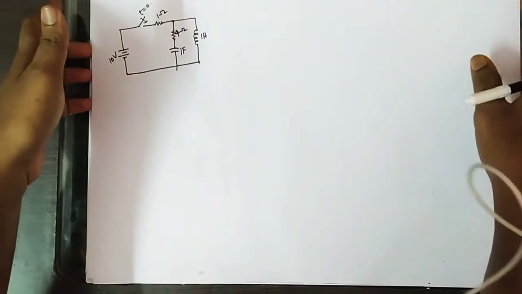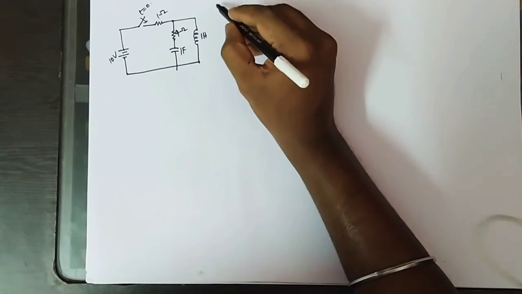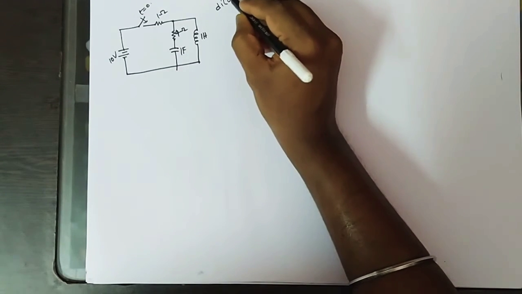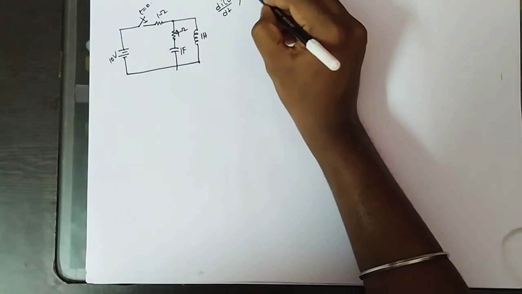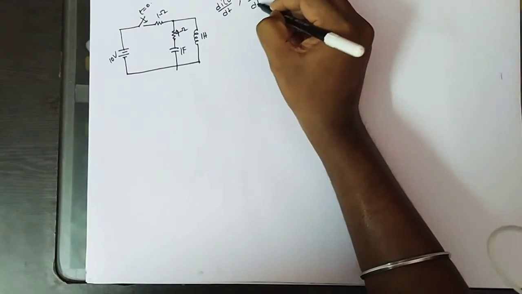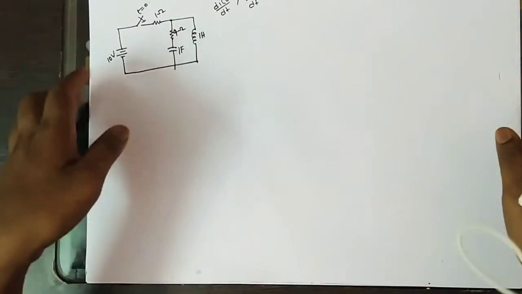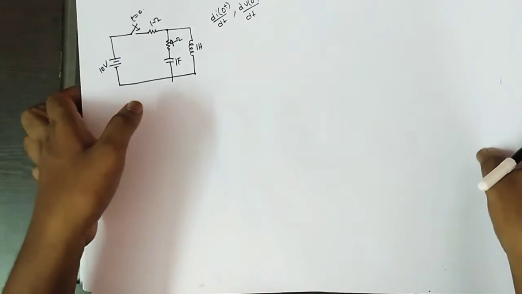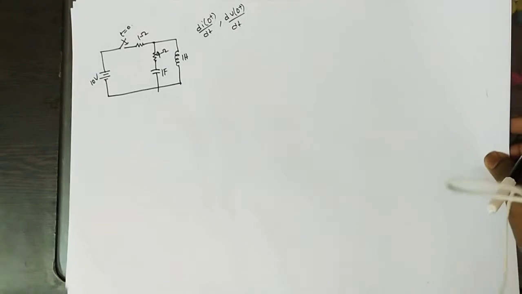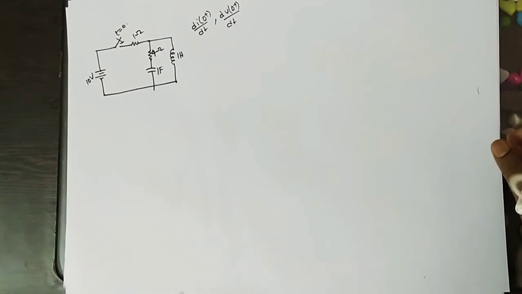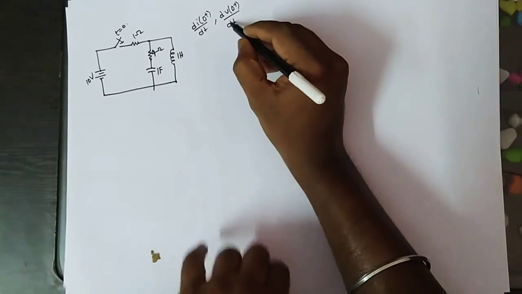In this circuit, he may ask you to find di of 0 plus by dt or dv of 0 plus by dt.